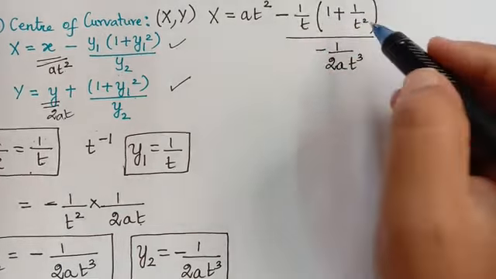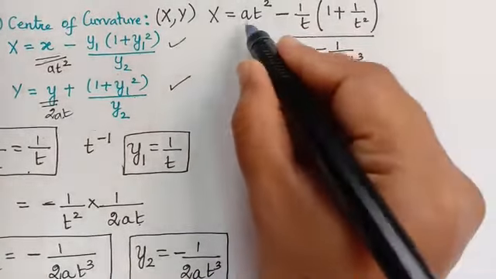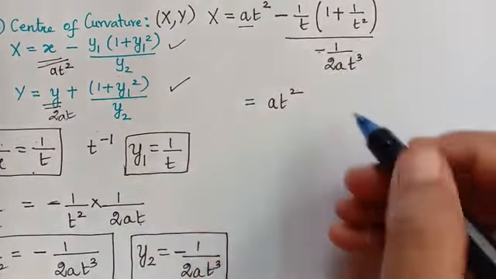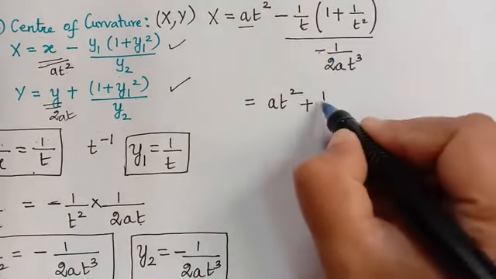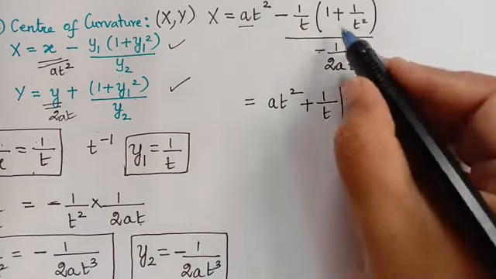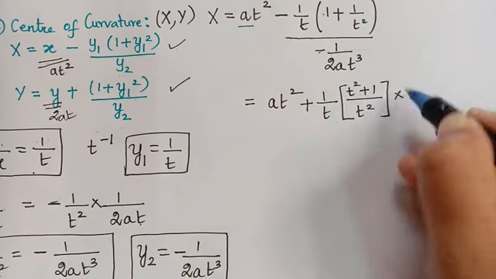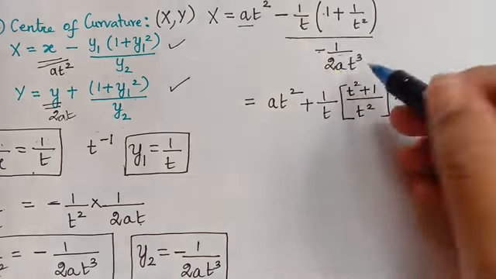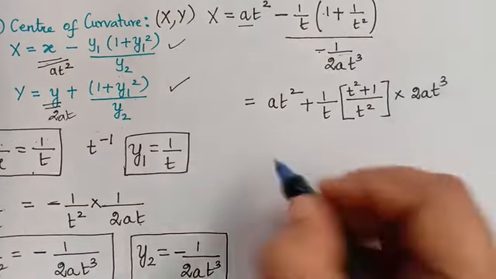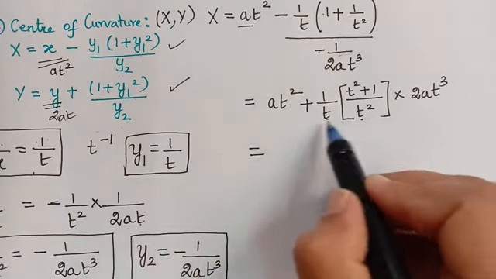Now we shall simplify this. So at squared first we will write, and minus into minus will become plus. So plus, now this 1 by t, and within the bracket we can take LCM, so it will be t squared in the denominator, and in the numerator it will be t squared plus 1. And what is in the denominator can be written in the numerator because it is the reciprocal, so it will become 2at cube. Now we have t and t squared here, together it is t cube.